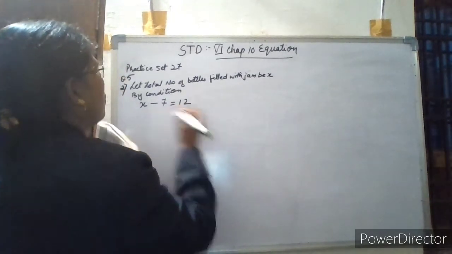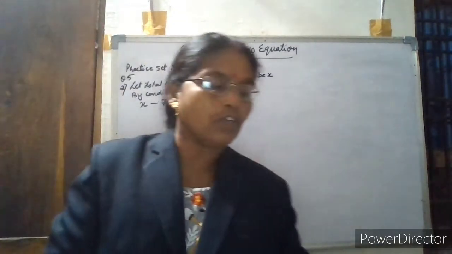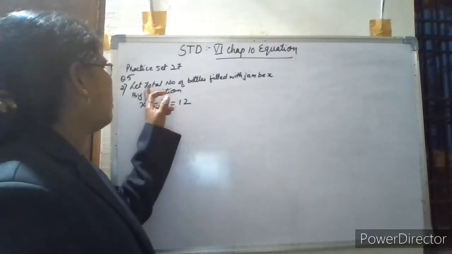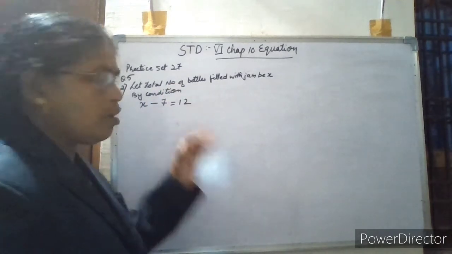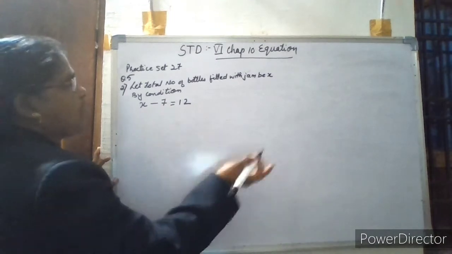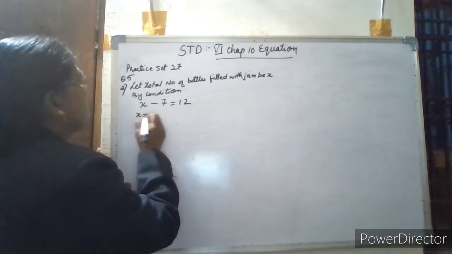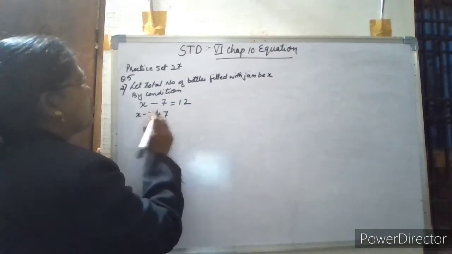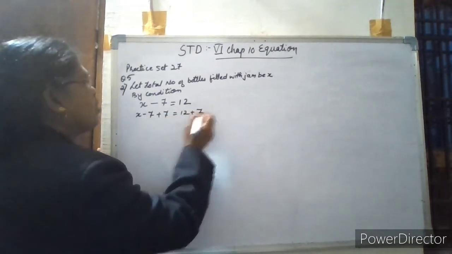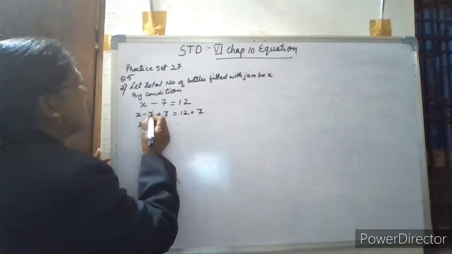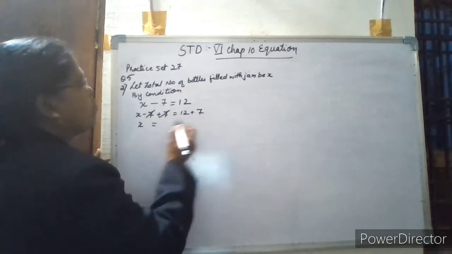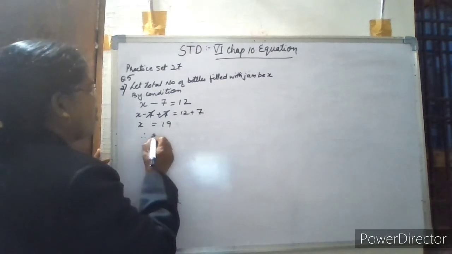So from this, if the equation is formed, we can find out X, the total number of bottles. Then the remaining questions we can answer. So here minus 7, just like the previous question. X minus 7 means plus 7 we put here, then equal to 12 plus 7. So minus 7 plus 7 cancels. X is equal to 12 plus 7, which is 19. Therefore, X is equal to 19.